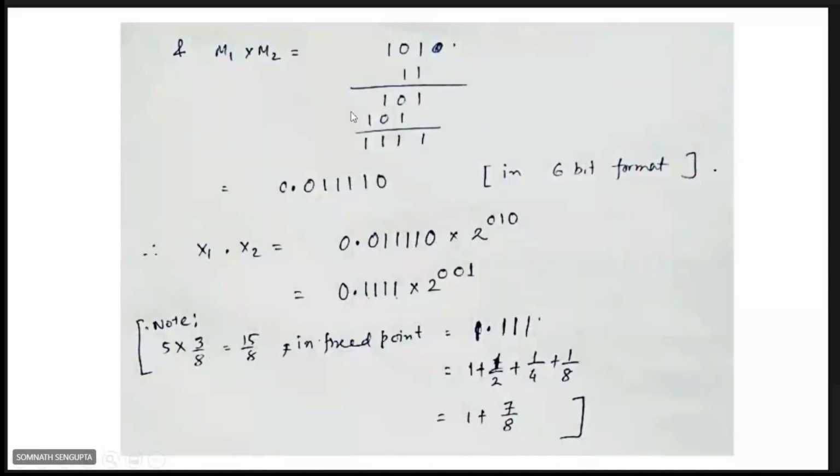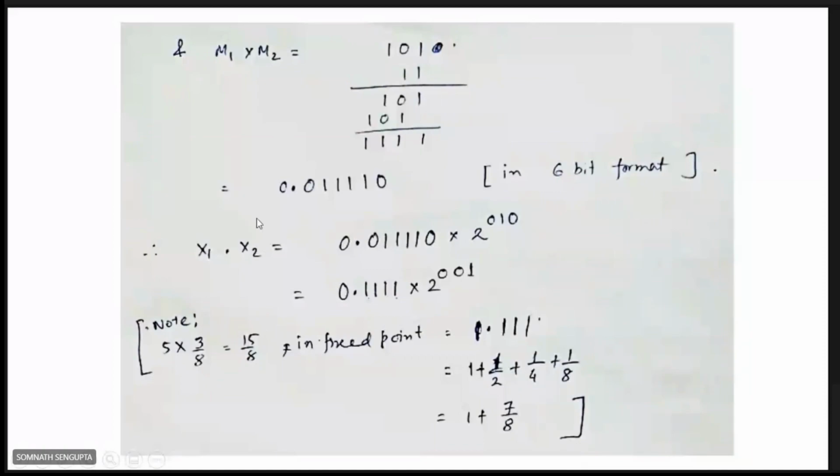Now what about Mantissa? Mantissa was 0.11 and 0.101. If you multiply these numbers, you will get 1111. Since there are points before these two numbers, 101 and 11, one number comprises 3 digits and the other 2 digits, so the whole number should have 3 plus 2, 5 digits.